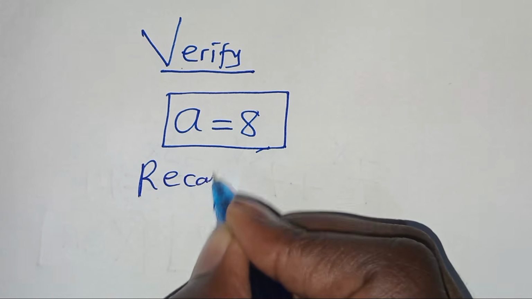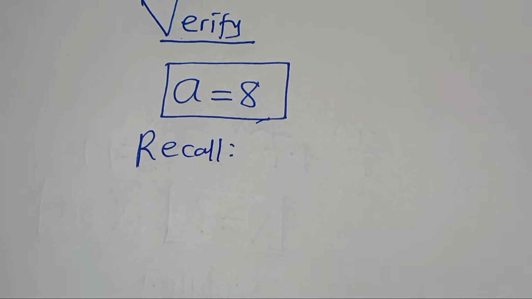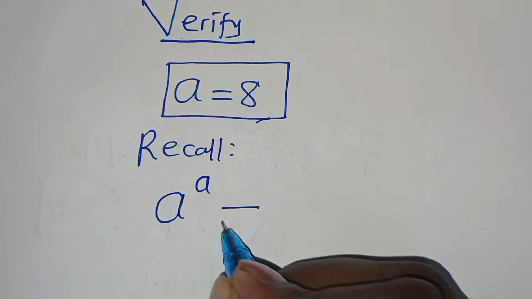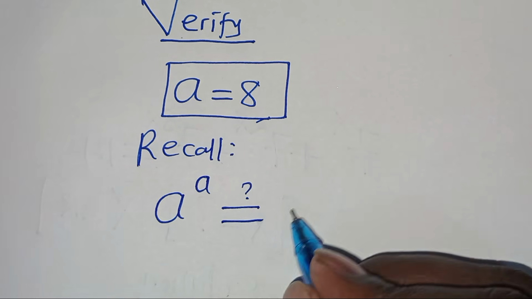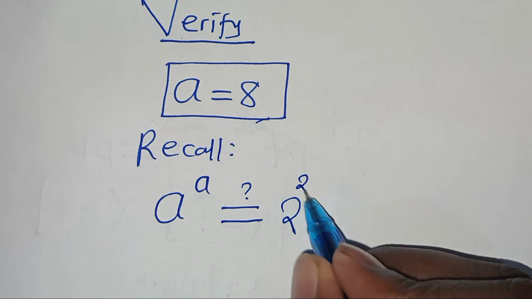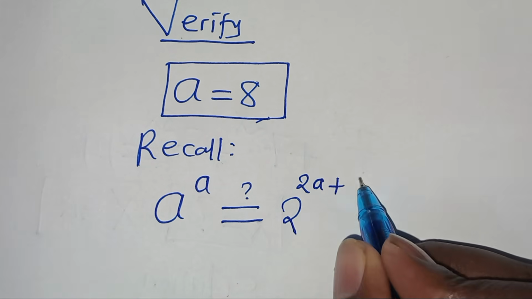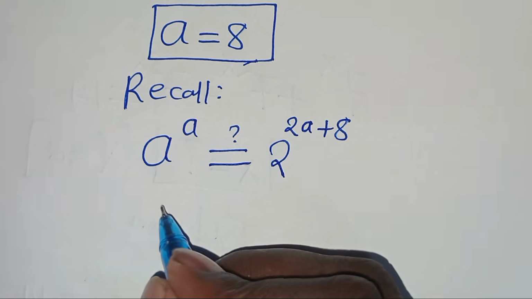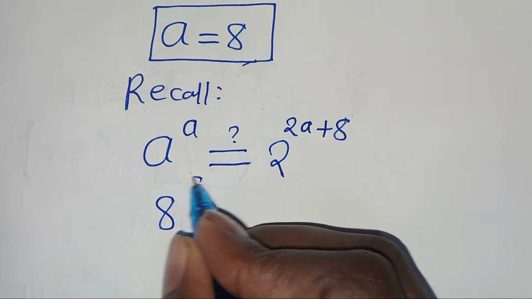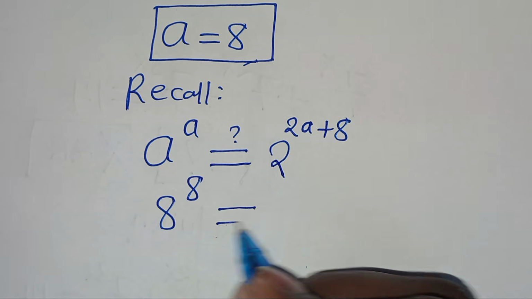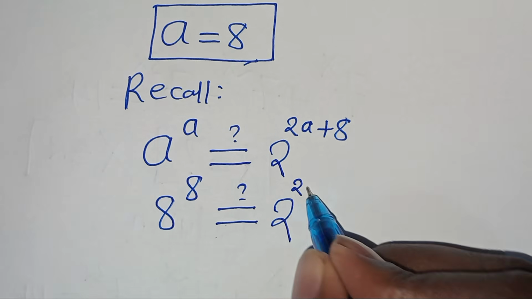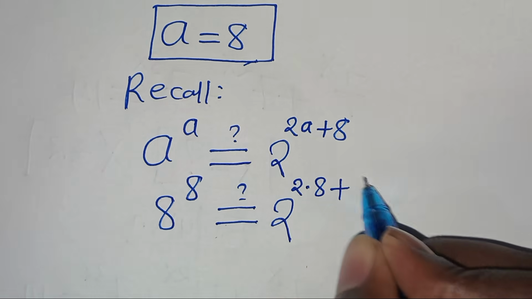Now, if you recall, a raised to the power of a should be equal to 2 raised to the power of 2 times a plus 8. So with a equal to 8, we have 8 raised to the power of 8 equal to 2 raised to the power of 2 times 8, then plus 8.